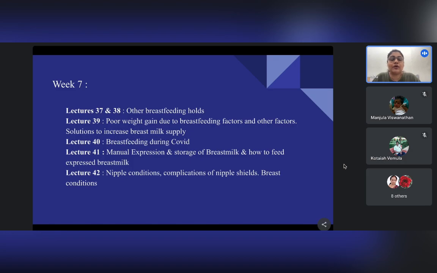We went through one problem in the last session about specific disadvantages associated with the cradle hold. Today we'll be discussing the other kinds of breastfeeding holds, say the football hold, the laid back hold, the cradle hold or the lying down technique. We'll be discussing problems on those as well.